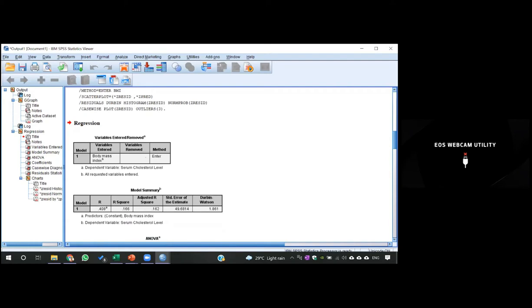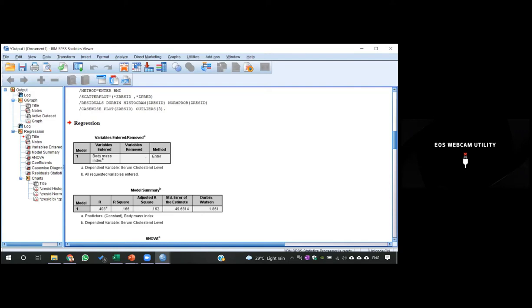You will learn more about the methods. There are other methods like backward method and forward method, which I'm not going into detail for simple linear regression because there is only one variable here. If there are multiple variables, then you may go for those types of methods, right?